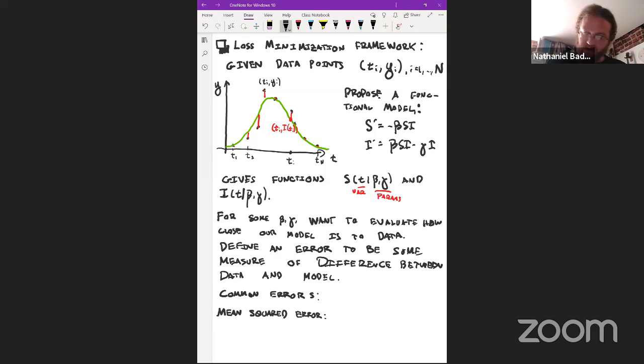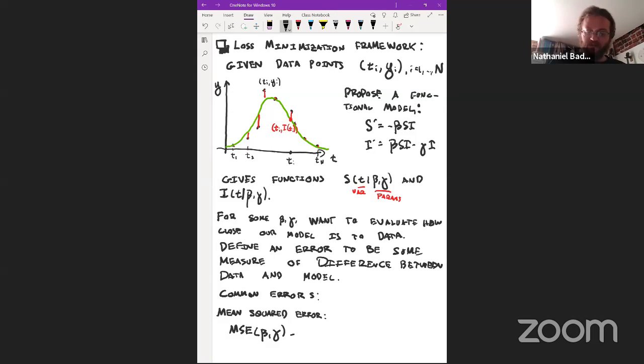So what is that? That is mean squared error. This way. I'll write it out for this model.